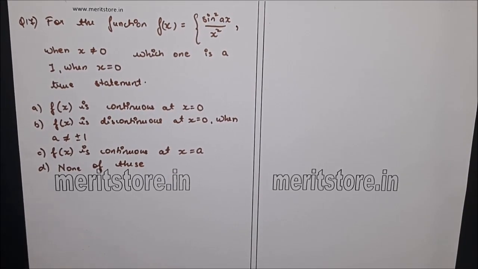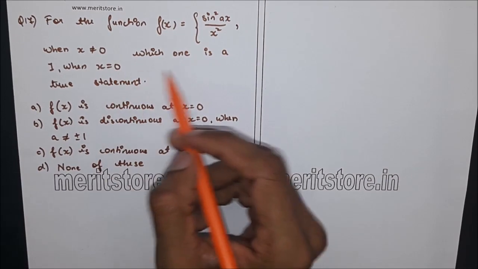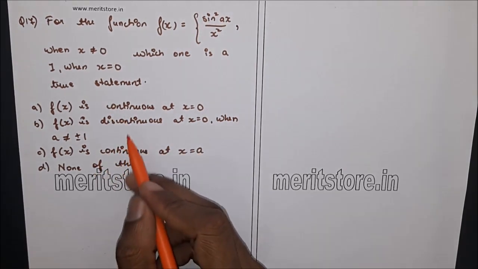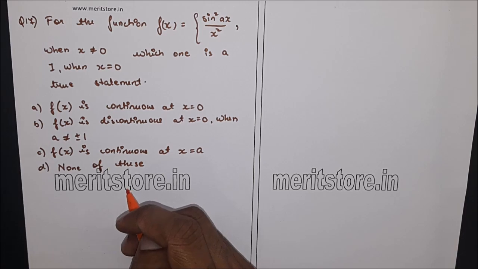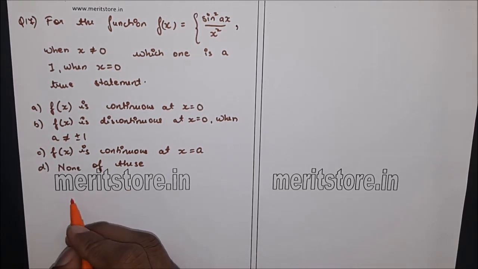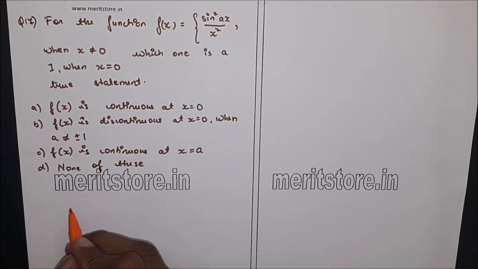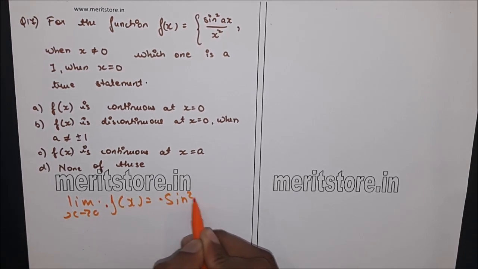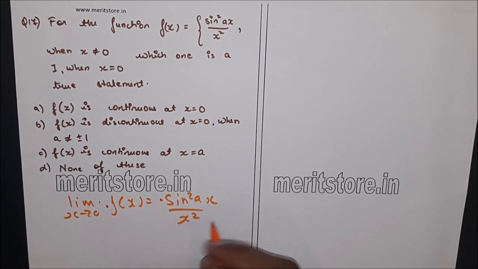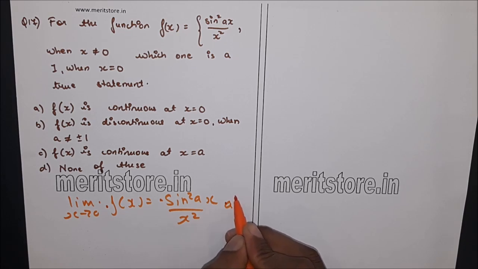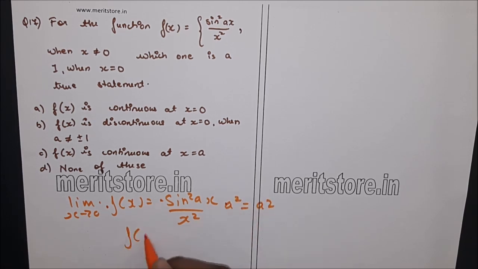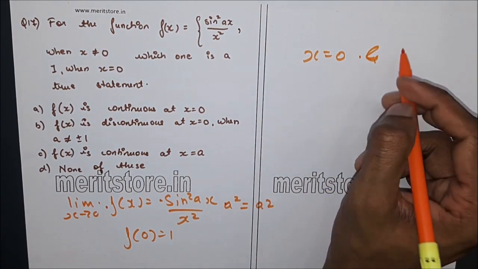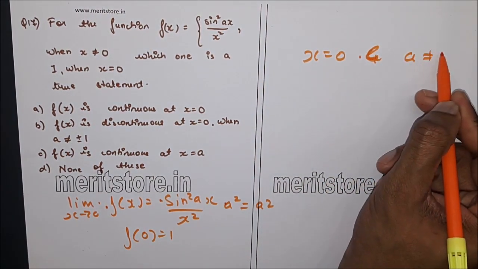Question 17, for the function f of x is equal to sine square ax upon x square, where x is not equal to 0, and 1 when x is equal to 0, which of the given statements is true? The limit x approaches to 0 of f of x is equal to sine square ax upon x square into a square, which we get as a square, for f of 0 equal to 1. f of x is discontinuous at x is equal to 0 when a is not equal to 0.